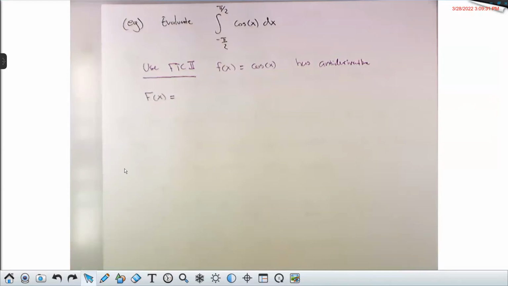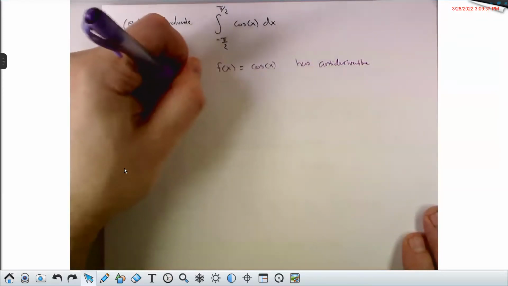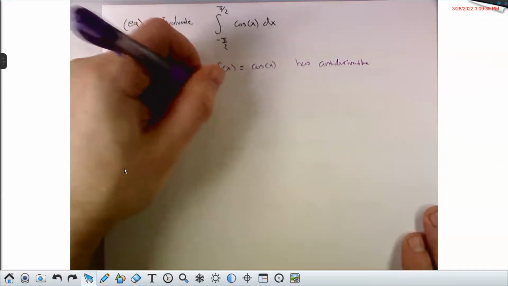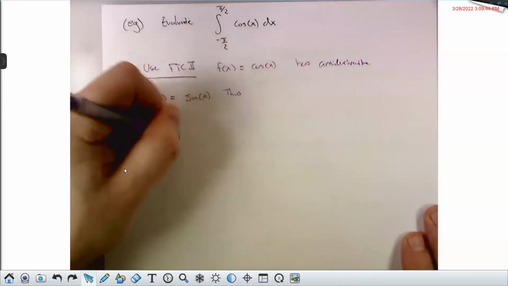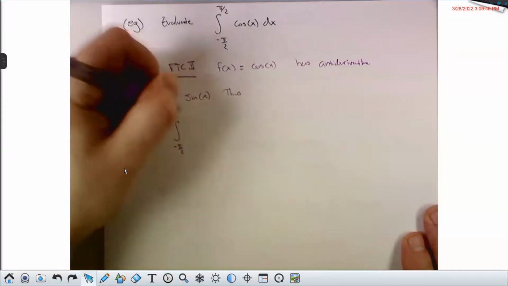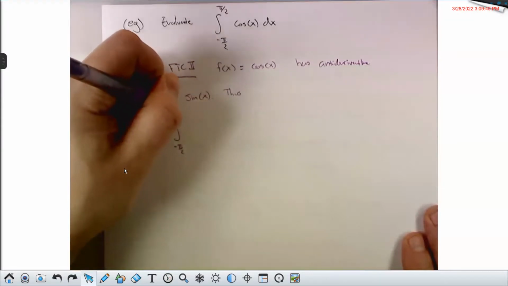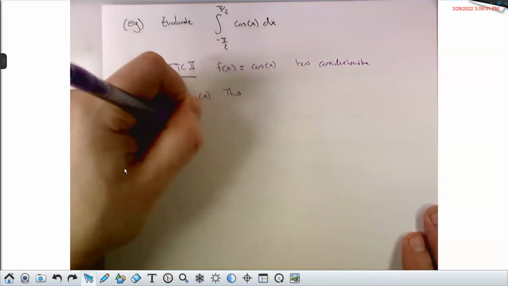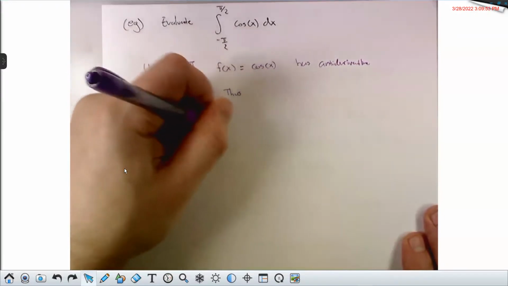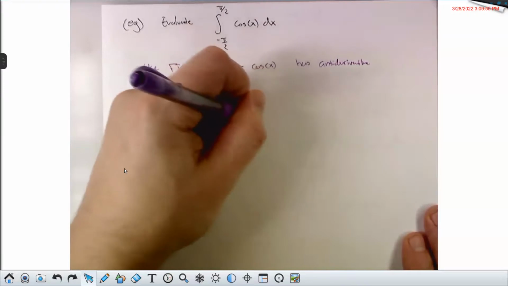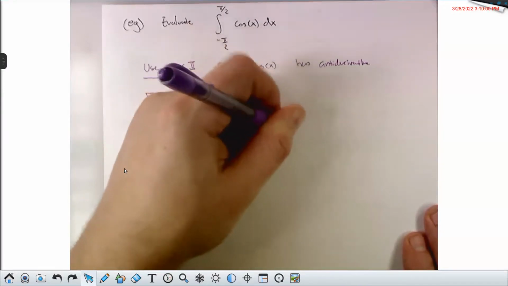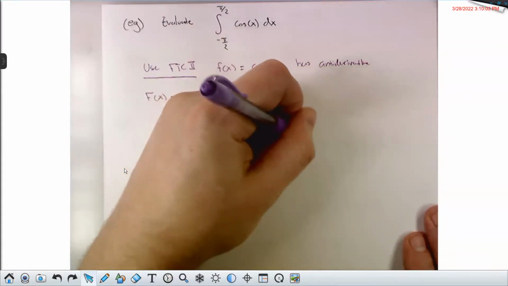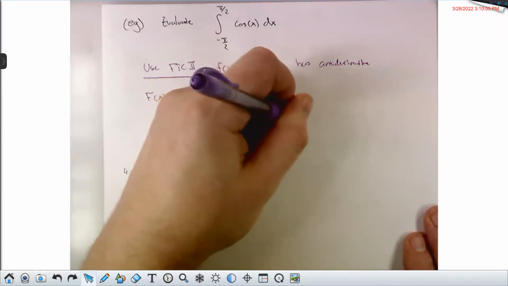Yeah, don't overthink it. Sine x, right? So big F here would be sine of x. Thus, the integral from negative pi over 2 to positive pi over 2 of cos x dx would be that antiderivative, sine x, evaluated between negative pi over 2 and positive pi over 2.